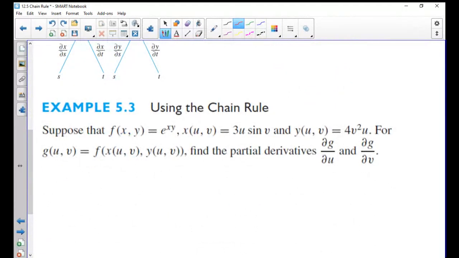So let me just consider this example. Okay, so let me see if I can get, yeah.